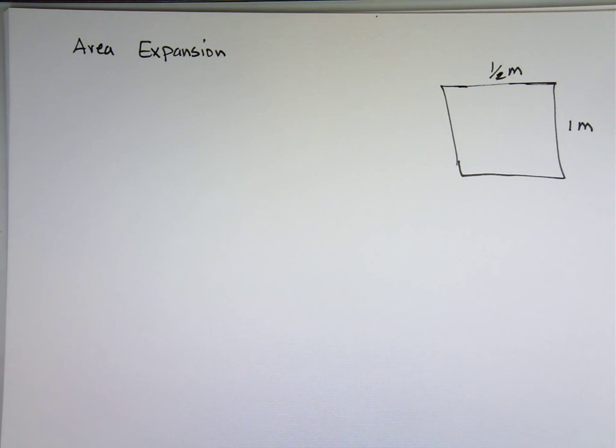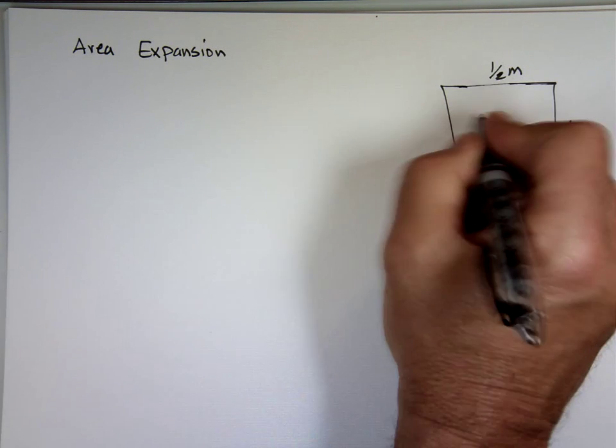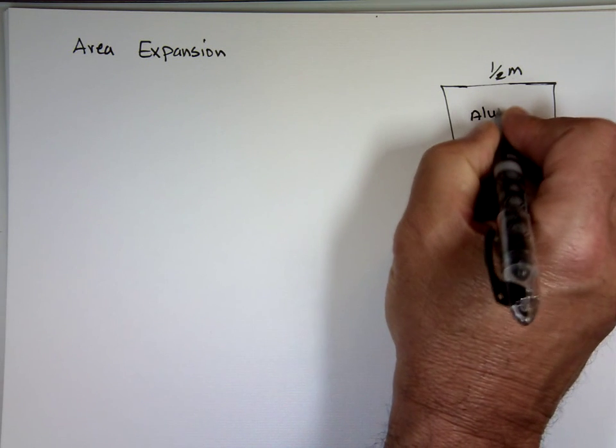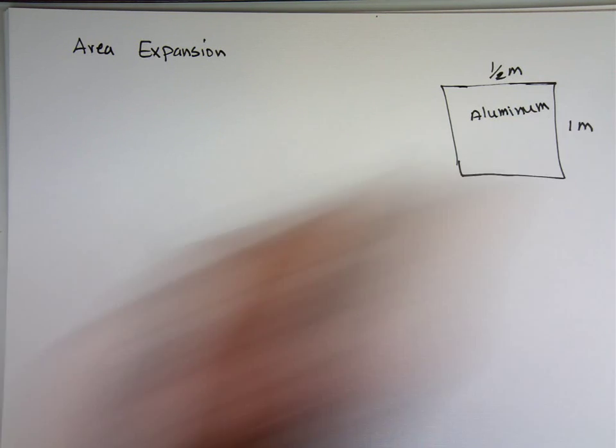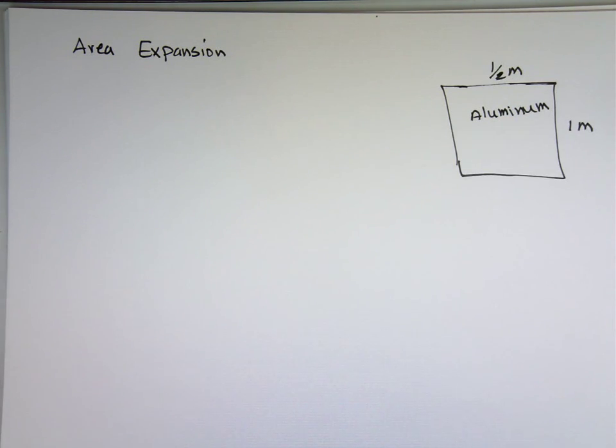And let's say it's made out of aluminum. And you're using that to cover the roof of your shed.